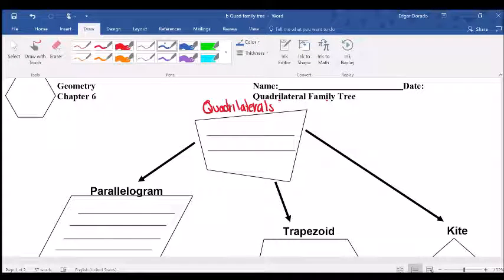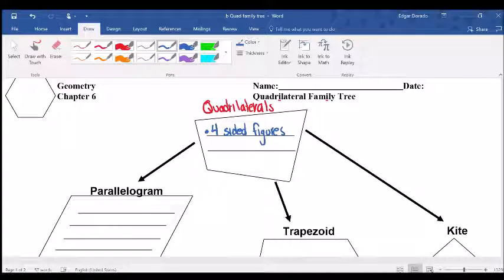They definitely all have four sides, okay? All quadrilaterals are four-sided figures. Okay, parallelograms, trapezoids, kites, rhombuses, squares, all that. Those will all have four sides.